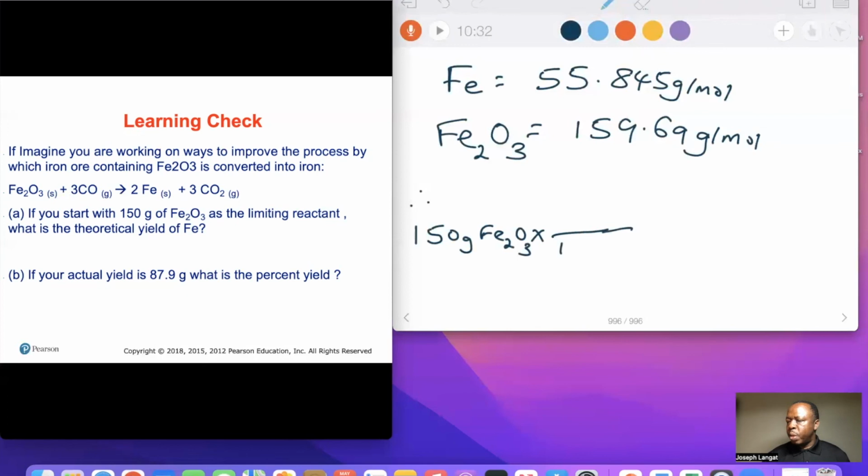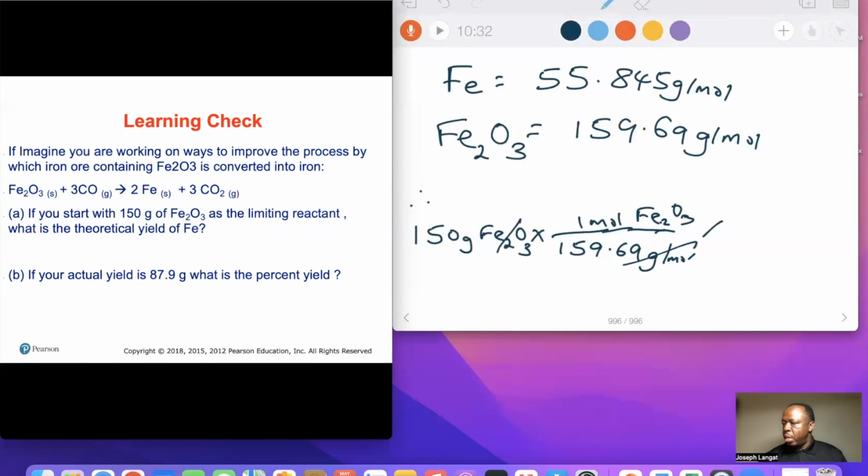This is the molar mass, 159.69 grams per mole. 1 mole of iron(III) oxide. Up to this point, I've just converted what? Converted 150 grams of iron(III) oxide to moles of iron(III) oxide.